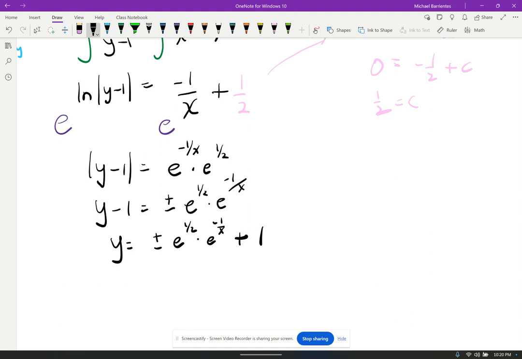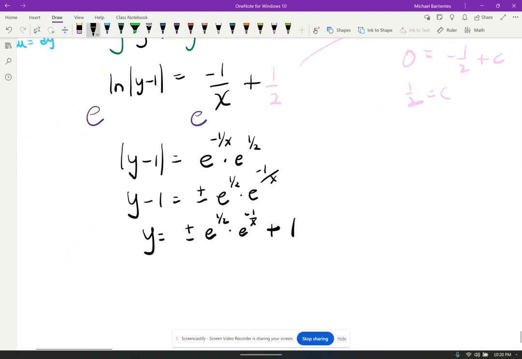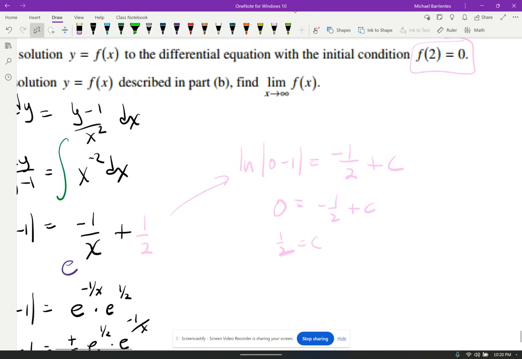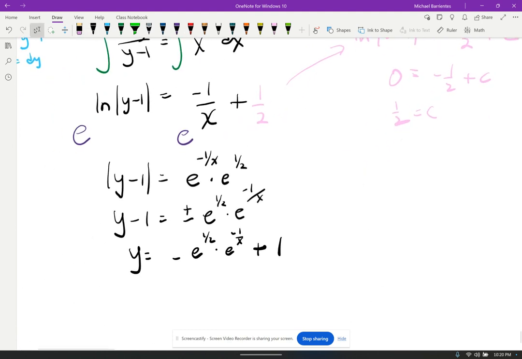But if I want my y to be 0, this has to be negative, so I think this is what I need. Now when I substitute the 2 and do all of this, my y is equal to 0, and it should satisfy this initial condition. I have my particular solution.